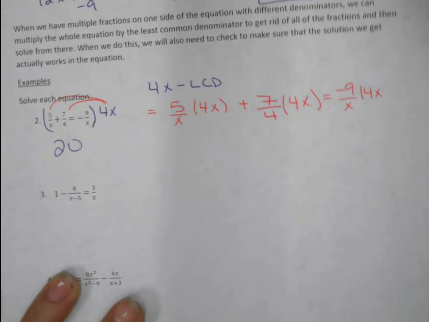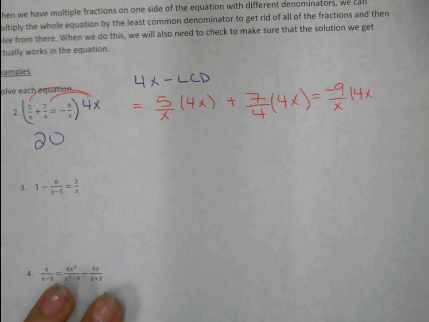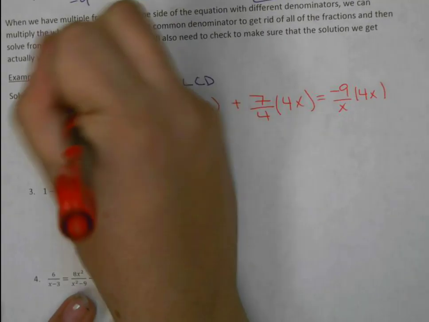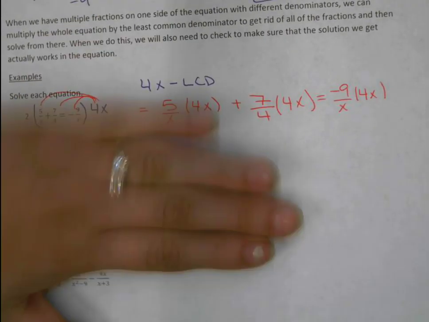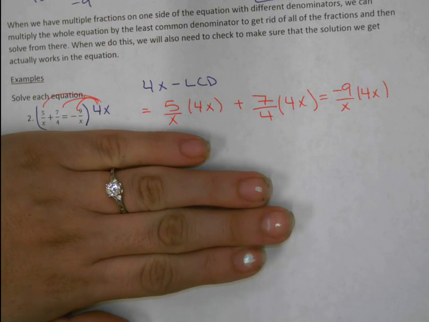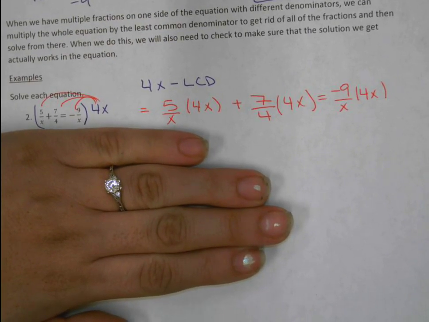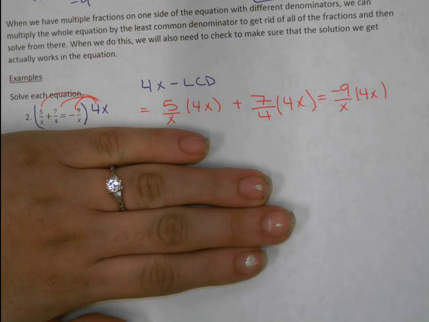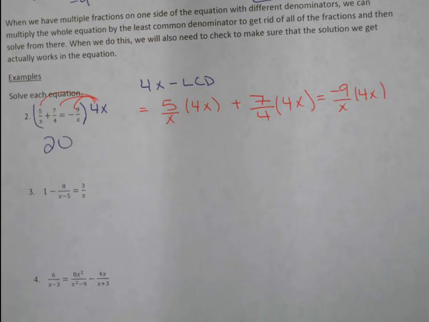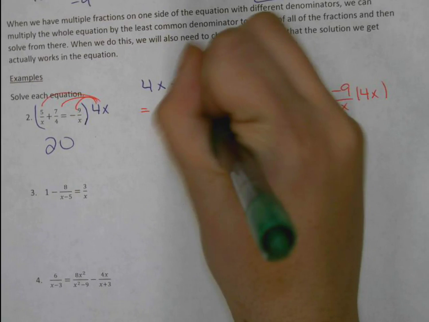So I just wrote the distributing of the 4x out there. Because everyone's getting confused about the x, I went back a step. Okay? So I distributed everything. Over here on the first one, this cancels out the x's.